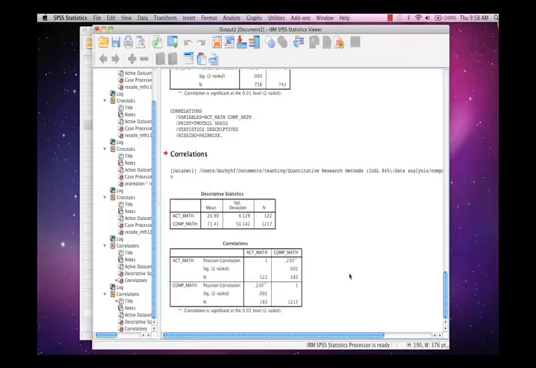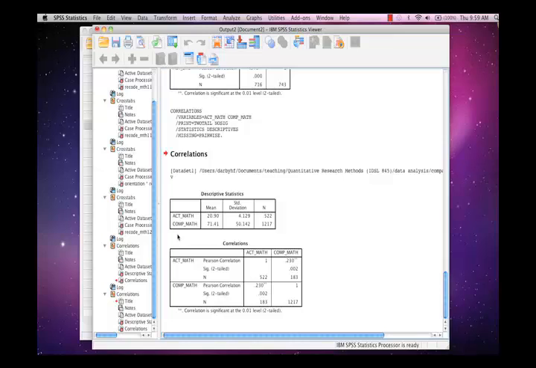Oh, wow. We had 183 people that had both Compass Math scores and ACT Math scores. You can see with the descriptive statistics, the means on those two tests, standard deviation, and how many scores I have for each. Now, the mean and the standard deviation, you really can't say too much here about the differences because the scales for ACT Math and Compass Math are very, very different.